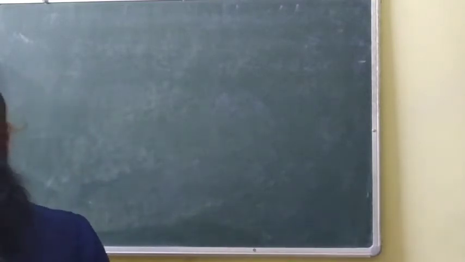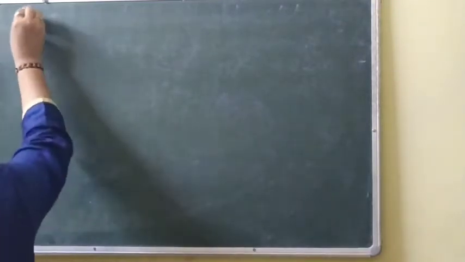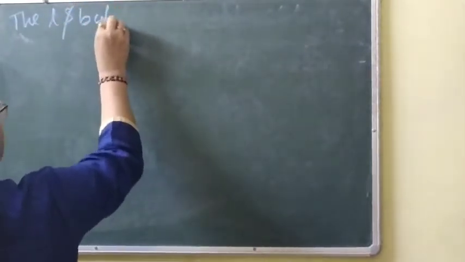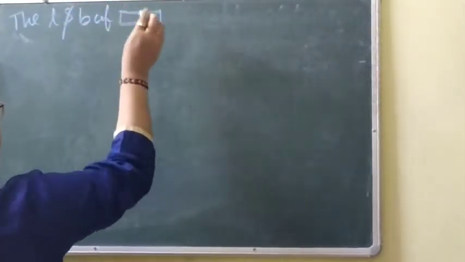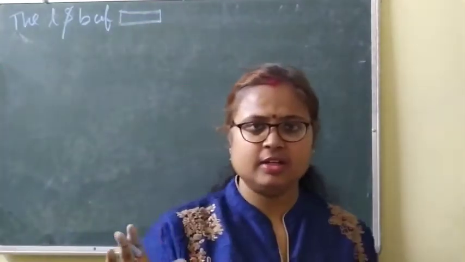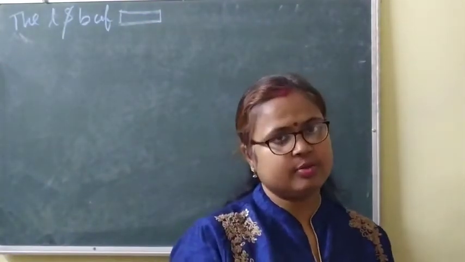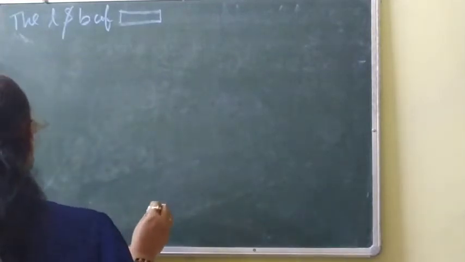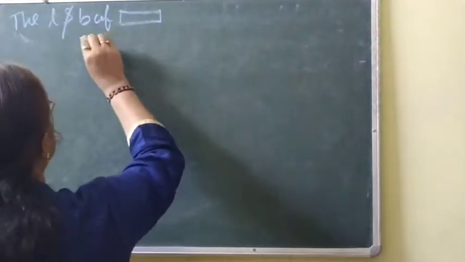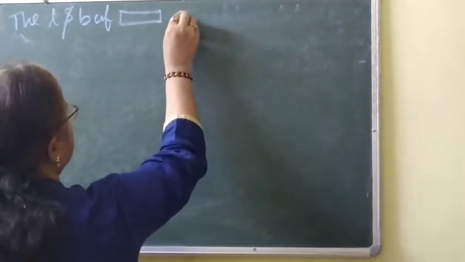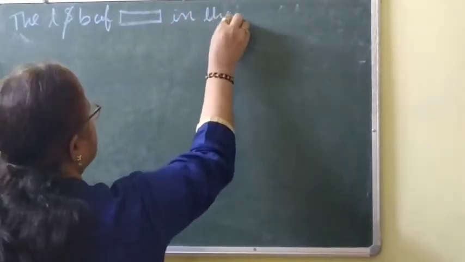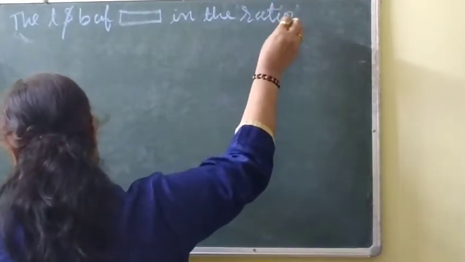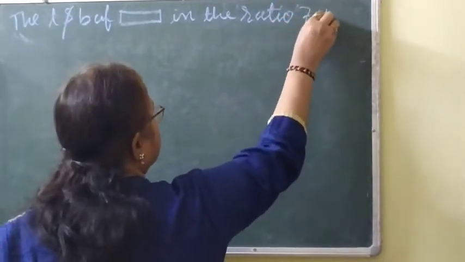The length and breadth of a rectangular field. This is the figure of what? Rectangular means the opposite sides are equal. Okay. So the length and breadth of a rectangular field are in the ratio 7:4.